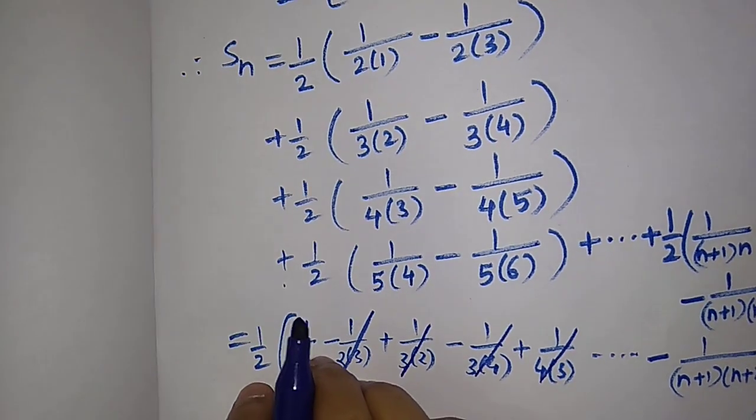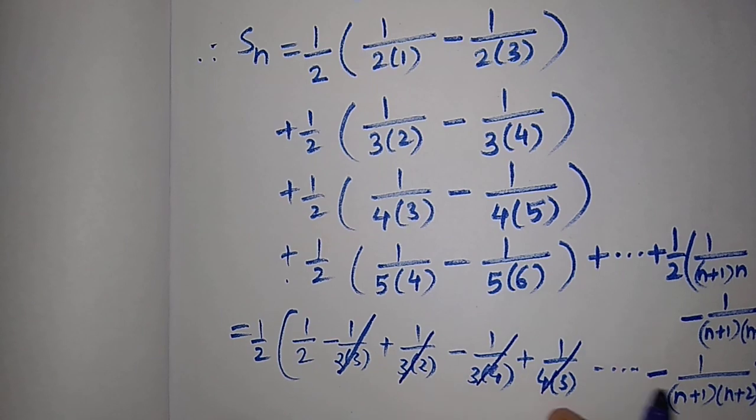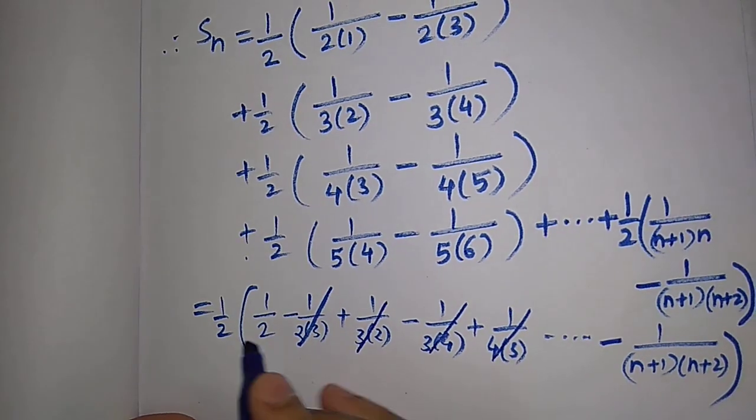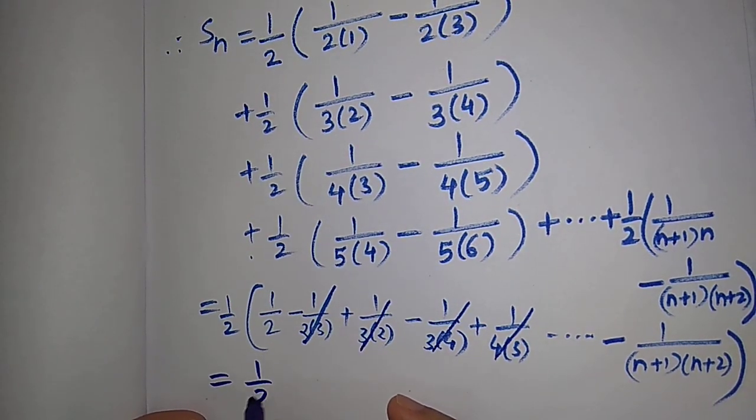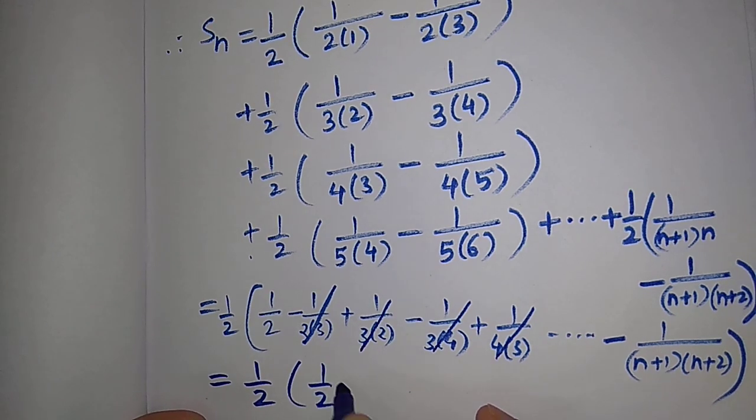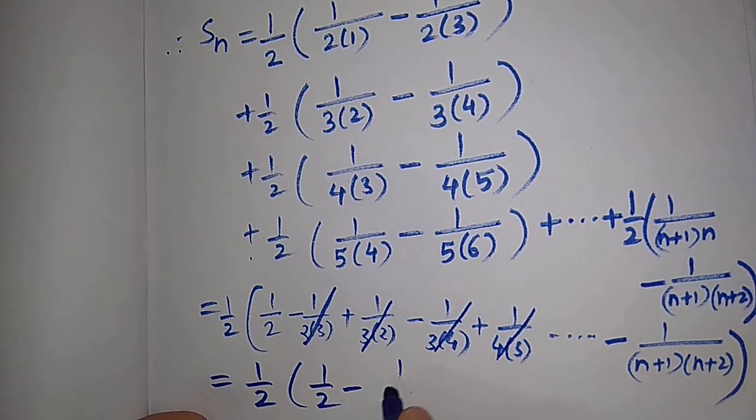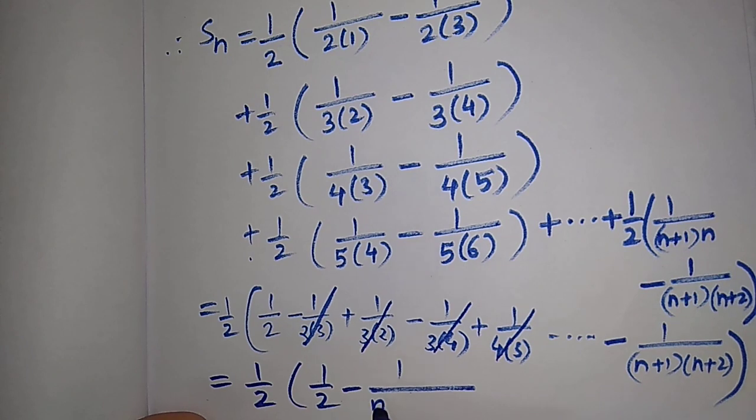So this is just equal to 1 by 2 into 1 by 2 minus the last term, 1 upon n plus 1 into n plus 2.